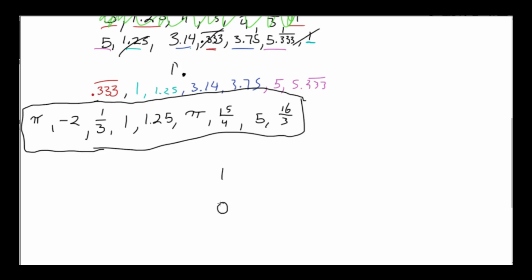And here is 0. Let me get a straight edge. Good enough. I think that's the most I've used my TI-84 this year. Alright, so we're starting at 0. Well, we need to identify where 0 would fall in this set of numbers.